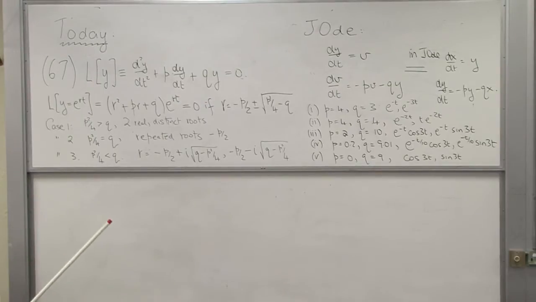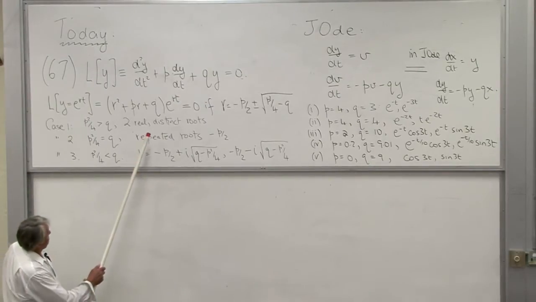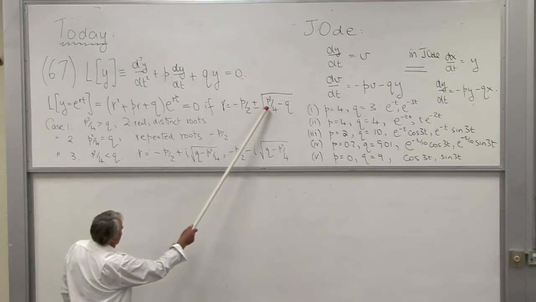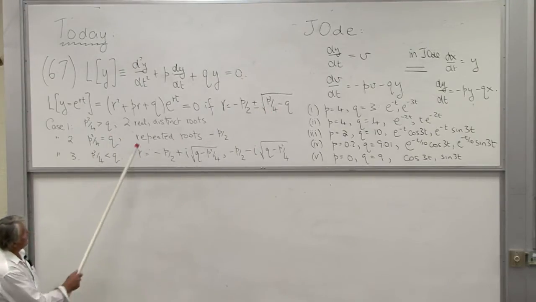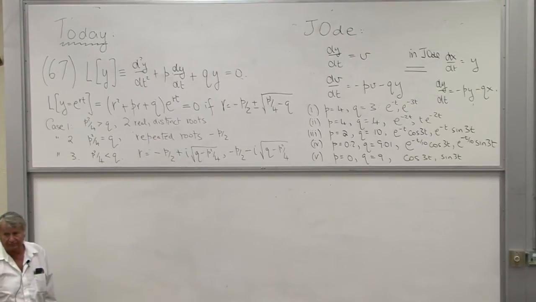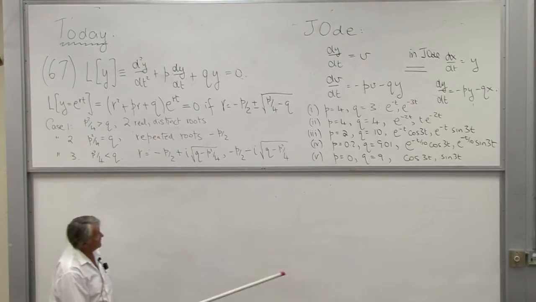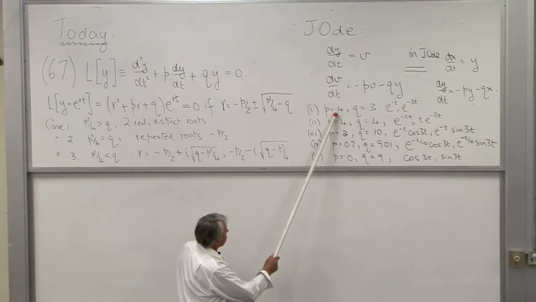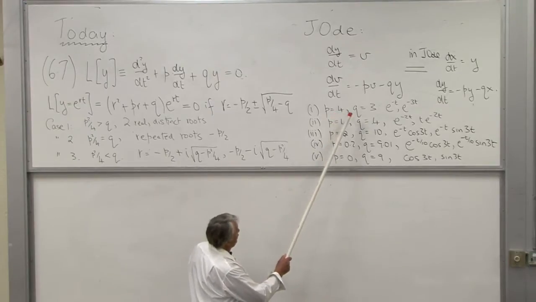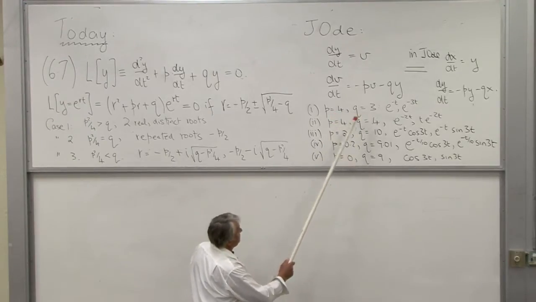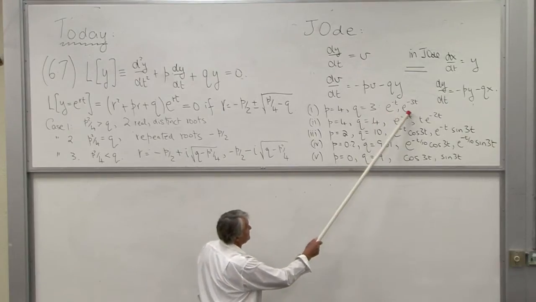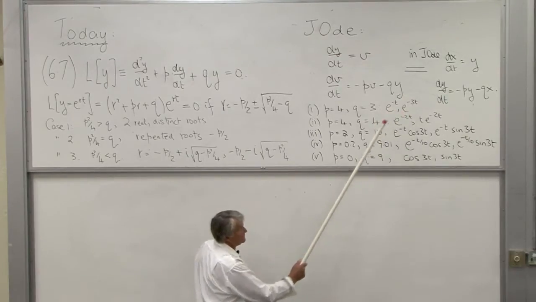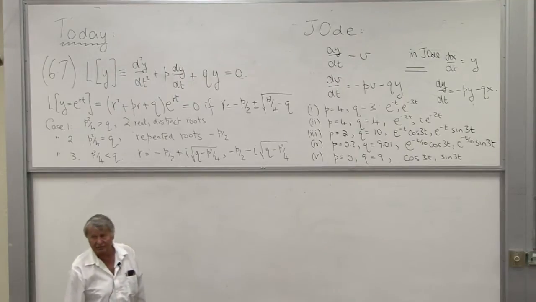Now the three different cases we looked at: when the radical, when p squared is greater than 4q, we get two real distinct roots. For instance, in example number 1 here, p squared over 4 is 4, q is 3, so we get two real roots. One of them is -1, the other is -3. So e to the minus t and e to the minus 3t are solutions.